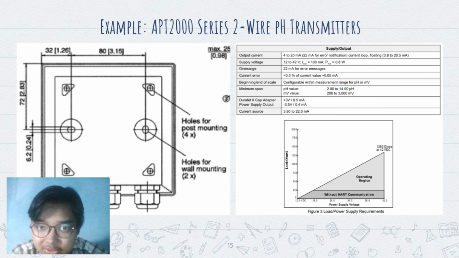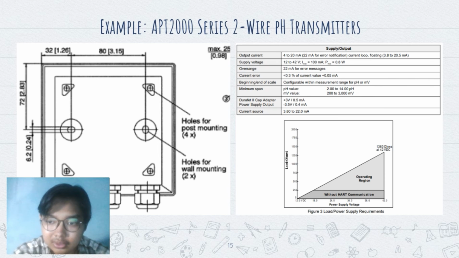The supply voltage ranges from 12 to 42 volt, and so on. And then we have the graph of load power supply requirement for how this pH transmitter can operate.